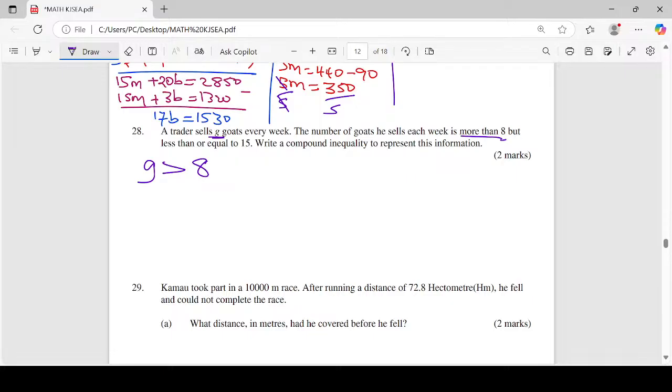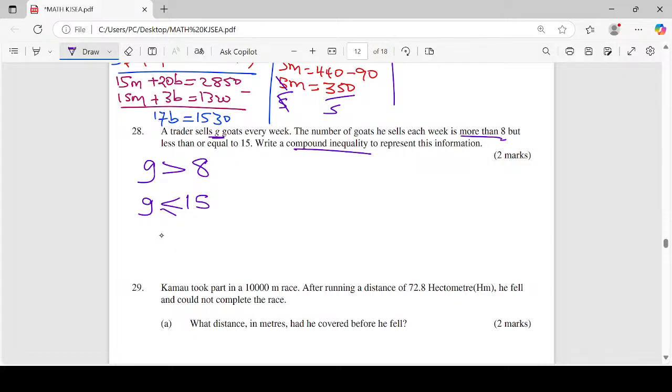But less than or equal to 15. Then it means this G is less than or equal to 15. A compound inequality is just one inequality to represent that, and it's very simple.